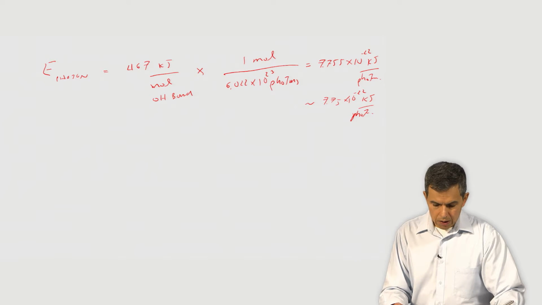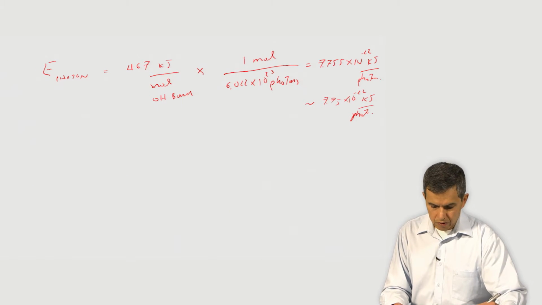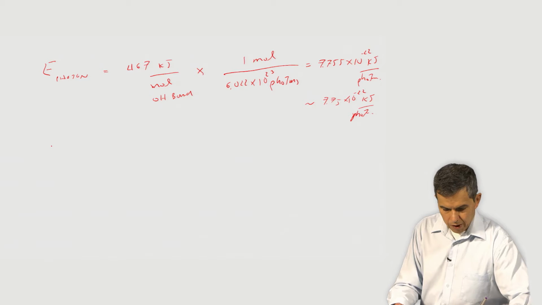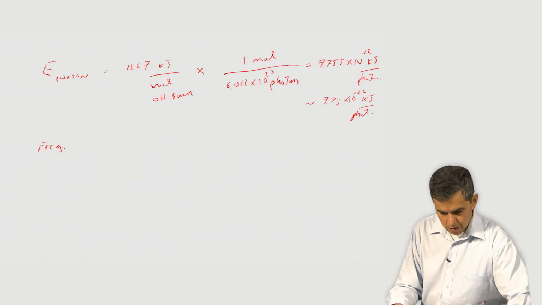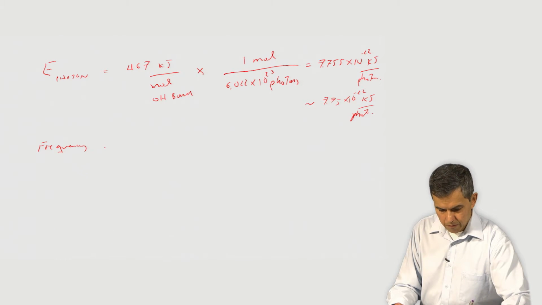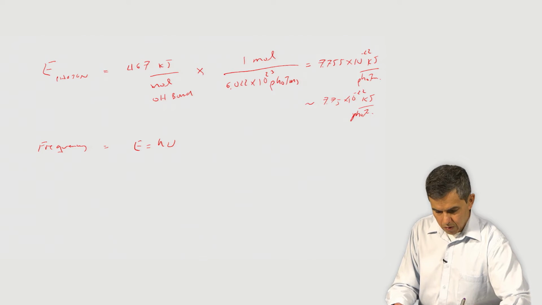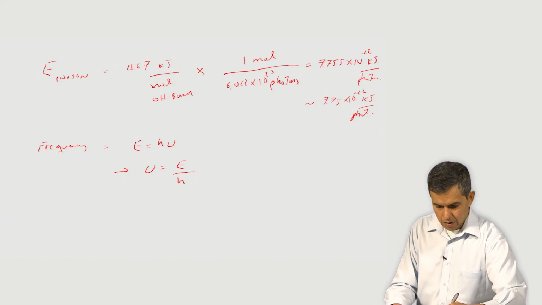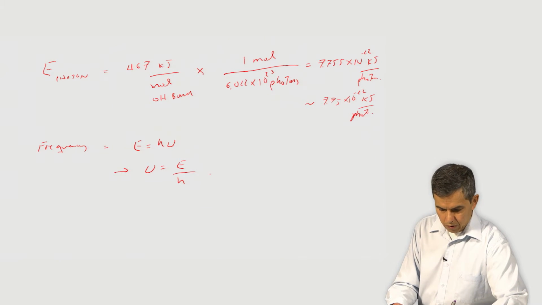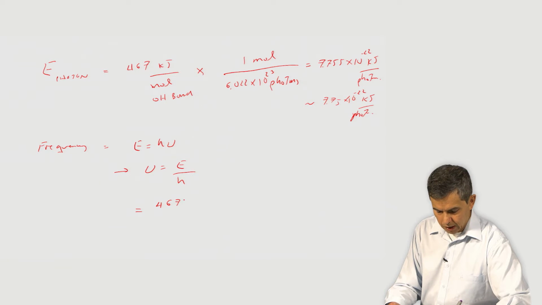So the second component refers to the frequency. For frequency, we know that E equals h nu, which implies that nu is going to be equal to energy divided by h. So we can explicitly solve this by saying the same as before, 467 kilojoules per mole.